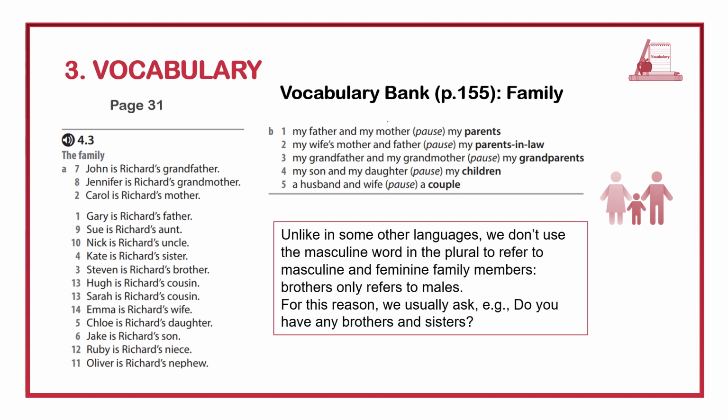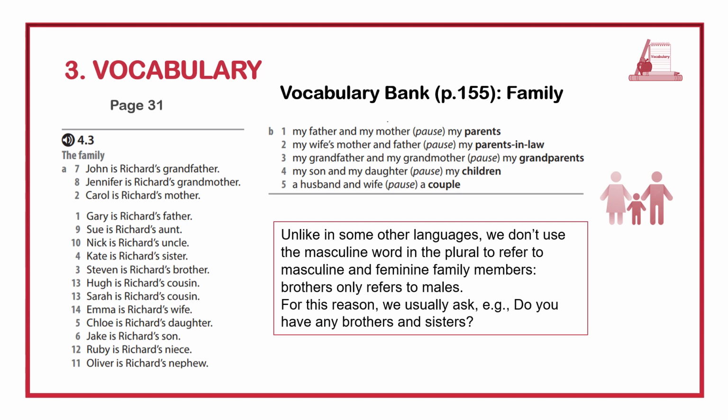Number 2, my wife's mother and father are my parents-in-law. And the same is true for my husband's mother and father. That's the same, parents-in-law. My grandfather and my grandmother are my grandparents. Number 4, my son and my daughter are my children.